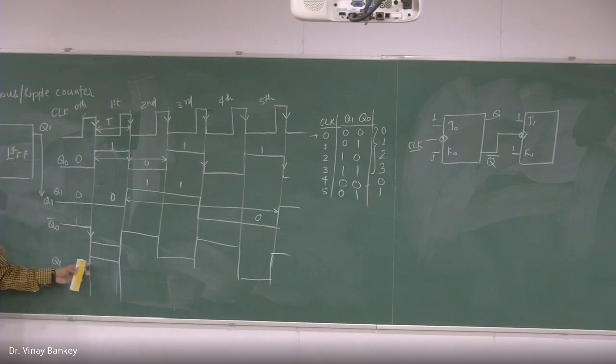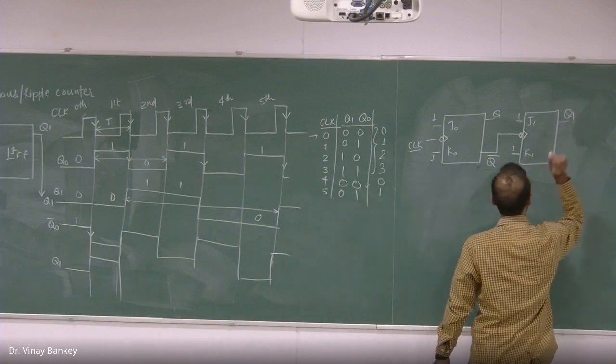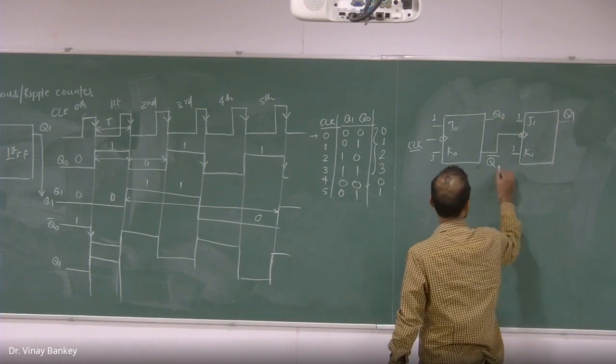The clock pulse applied at the second flip-flop is this clock pulse, so it will follow this. The output of this second flip-flop, that is Q1 here, and this is Q0.